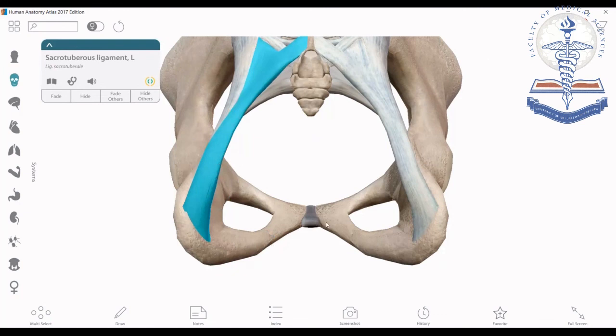So the pubic arch, the ischiopubic rami, the sacrotuberous ligament, and the tip of the coccyx form the anatomical pelvic outlet. Thank you.